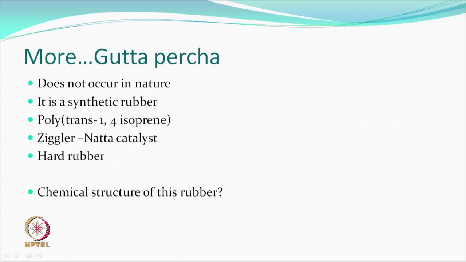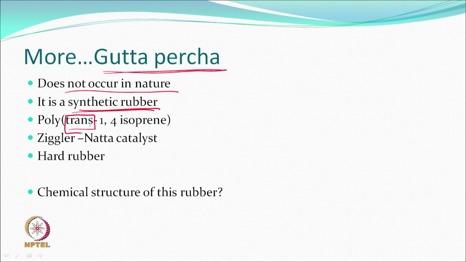Another interesting elastomer is known as gutta percha. This does not occur in nature. I am talking about it because it is also polyisoprene, but it does not occur in nature. So, it is a synthetic rubber, but what is the difference?